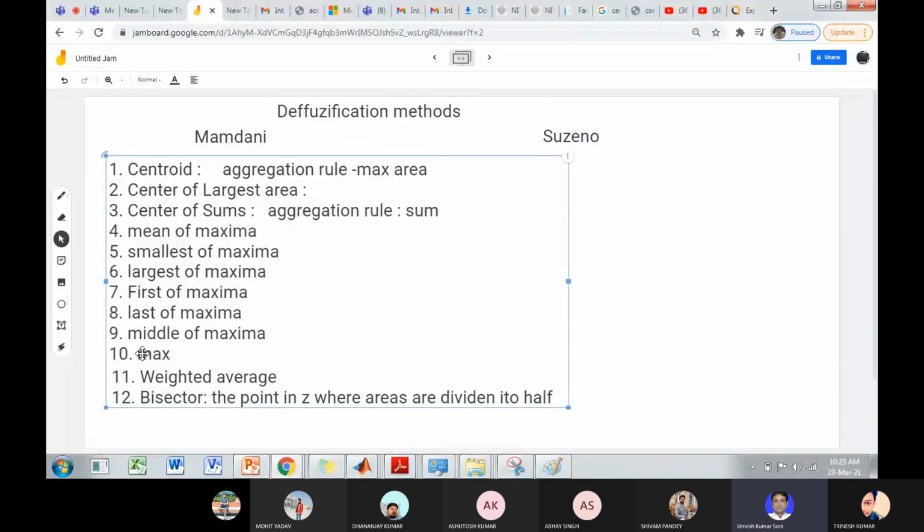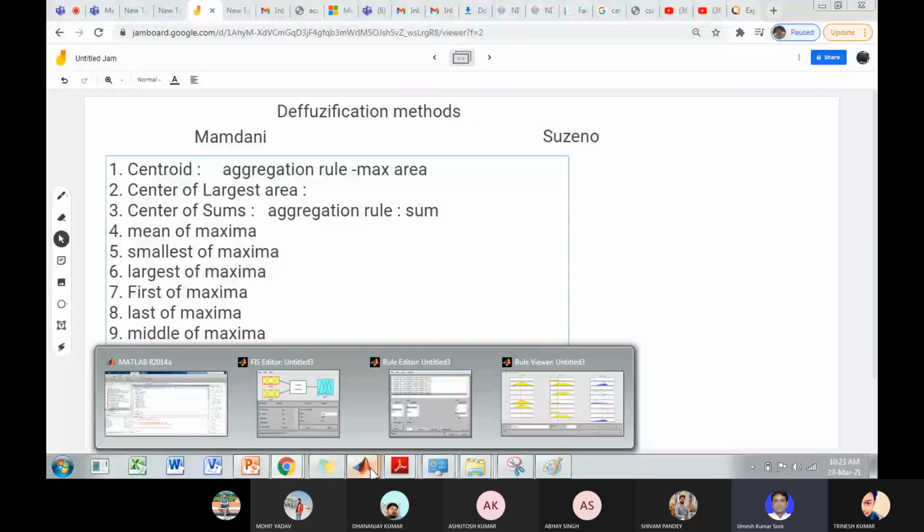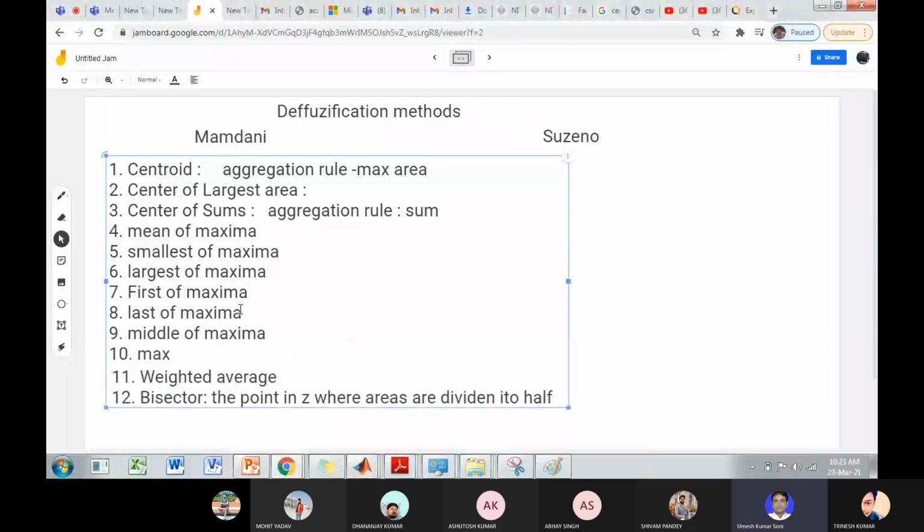In the maximum method we take the value of Z where the membership grade is highest. Okay, so last of maxima and first of maxima. Here I can show you.